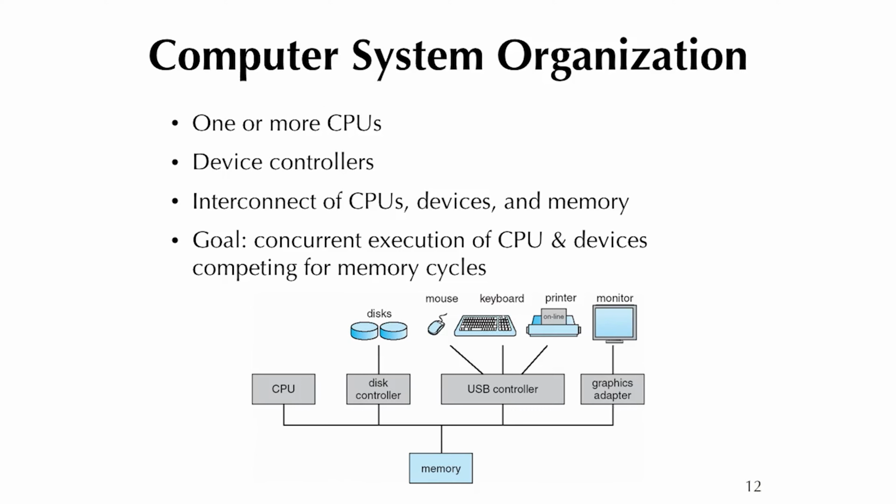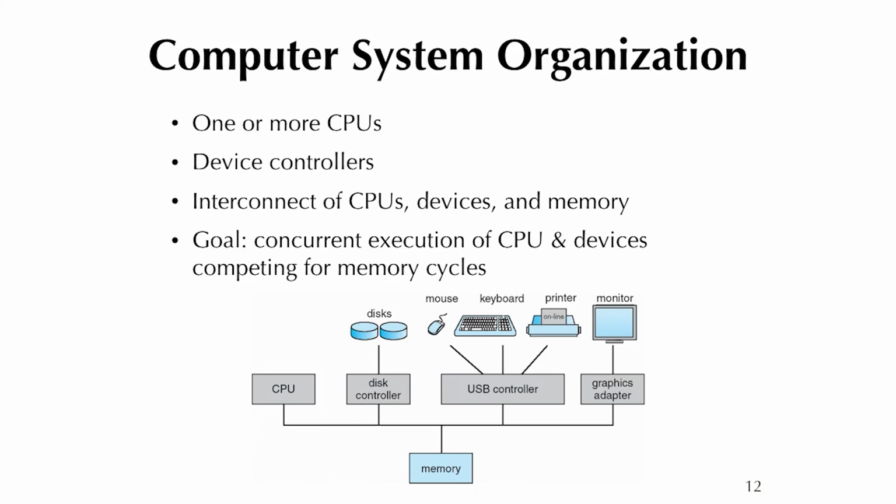So a computer system is organized in terms of one or more processors. Sometimes it looks like one chip, but there are multiple cores inside. Device controllers. Now the term device controller refers to hardware controllers that the processor can talk to, then the device controller talks to the actual I/O devices.